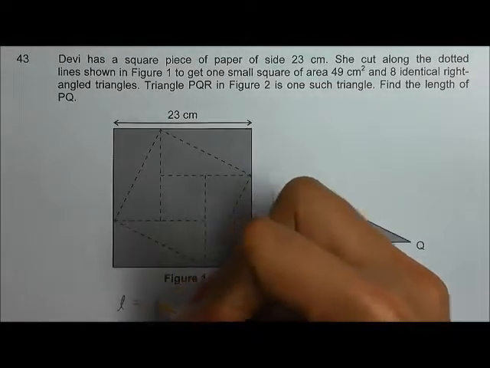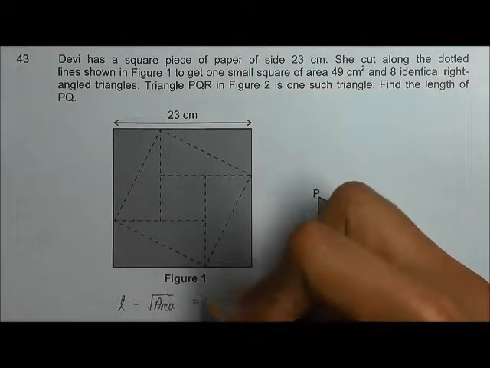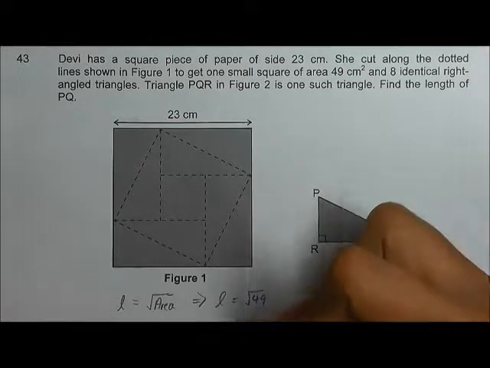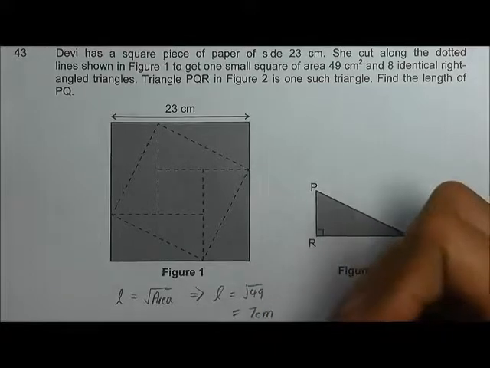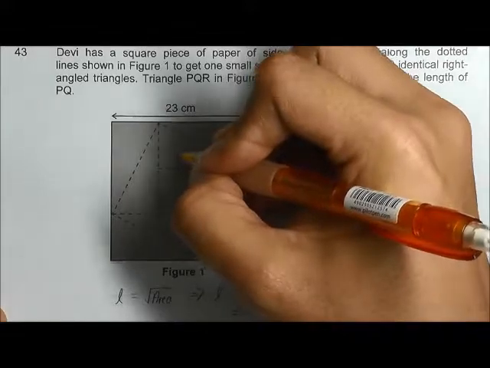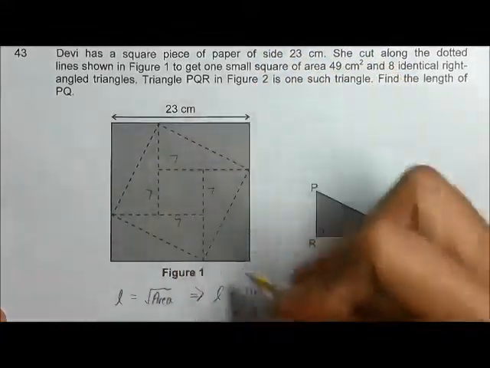So it will be just square root of the area. So in this case, the length will be square root of 49. That will give us 7 cm. Okay, so we can fill in the blanks now. So this is 7, 7, 7, and 7.